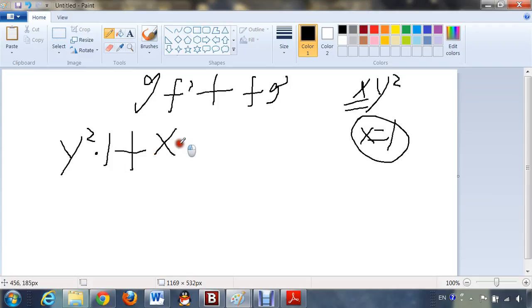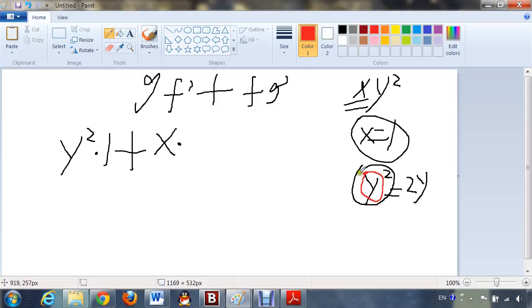And then we just add x times, now the derivative of y squared, what would that be? It's the same thing as taking the derivative of x. It will be 2y, right? Because of the power rule. But remember, you're using the chain rule again. The outermost layer is y squared, but the inside part, the inner part, is y.